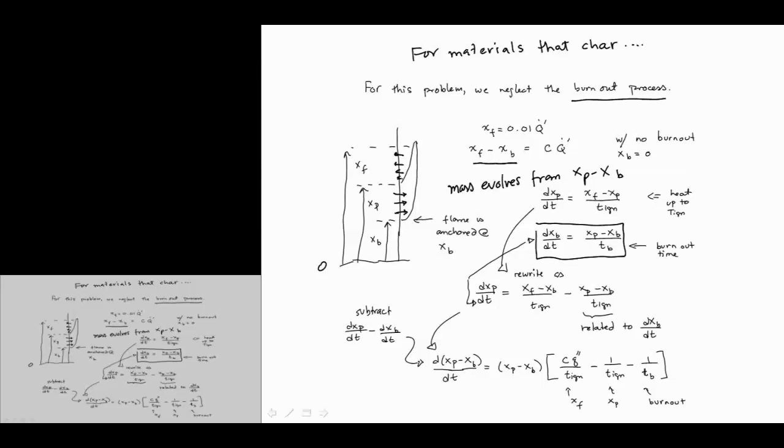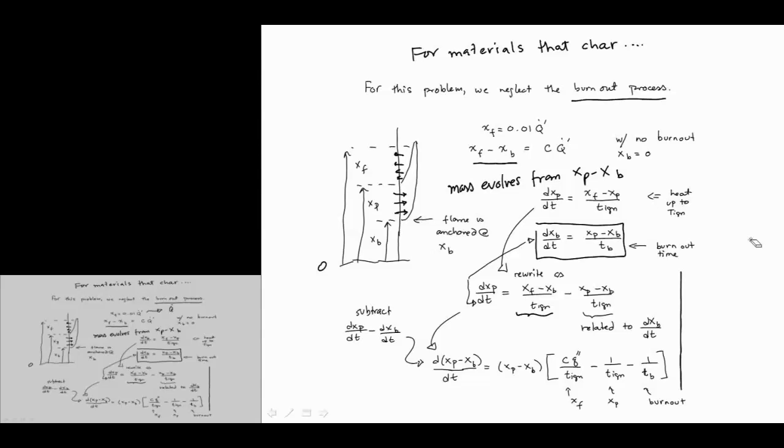So let me make it a little bit clearer. So xf minus xb: the flame length is still proportional to the heat release rate per unit width.